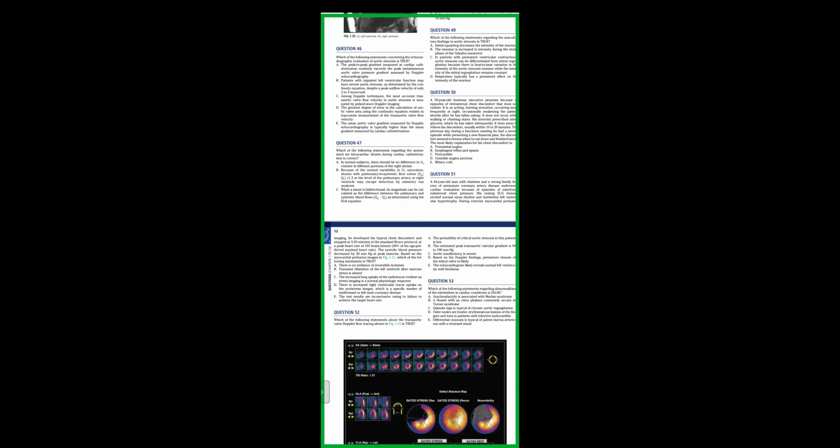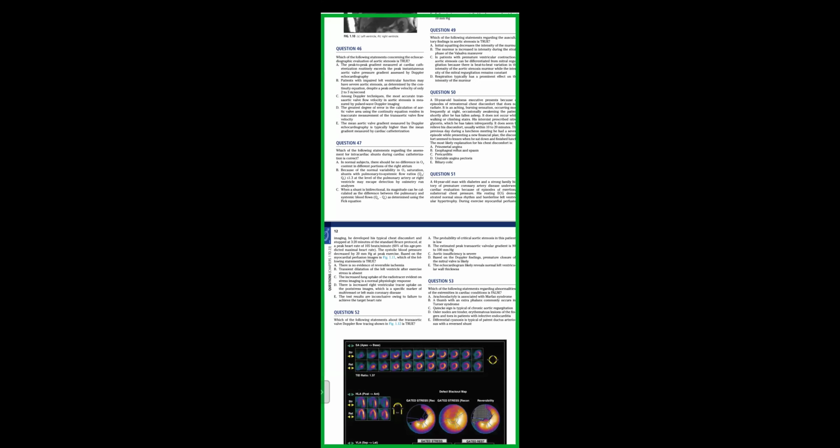So that one can pass detection based on saturation only. And in fact, when you are looking at VSD, once the QP to QS ratio is less than 1.5, it tells you that that's a restrictive VSD. There is not much flow of blood going from the left to the right. So a shunt that is less than 1.3 can actually go undetected by the oximetry method. And so that is the true answer here.